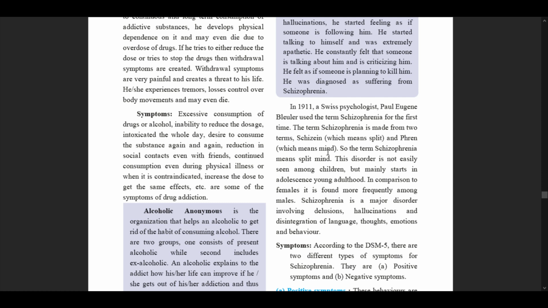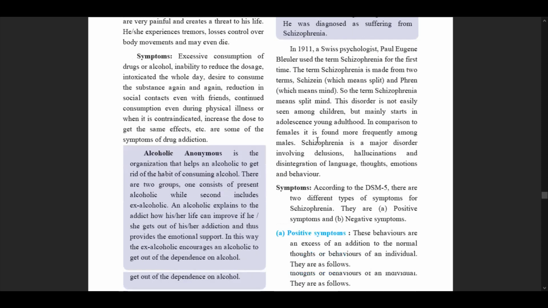So now we read the symptoms. According to the DSM-5, there are two different types of symptoms for schizophrenia: positive symptoms and negative symptoms. First we'll read the positive symptoms, and we'll slowly move forward to the negative symptoms, and we'll understand what schizophrenia is and how the symptoms come up.